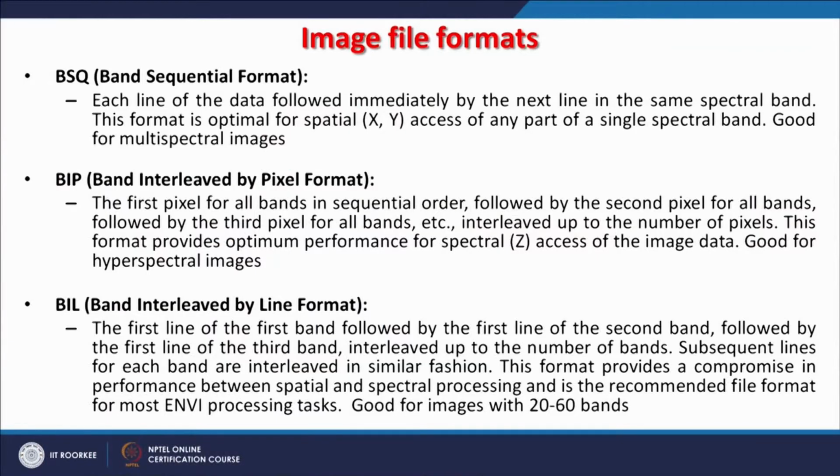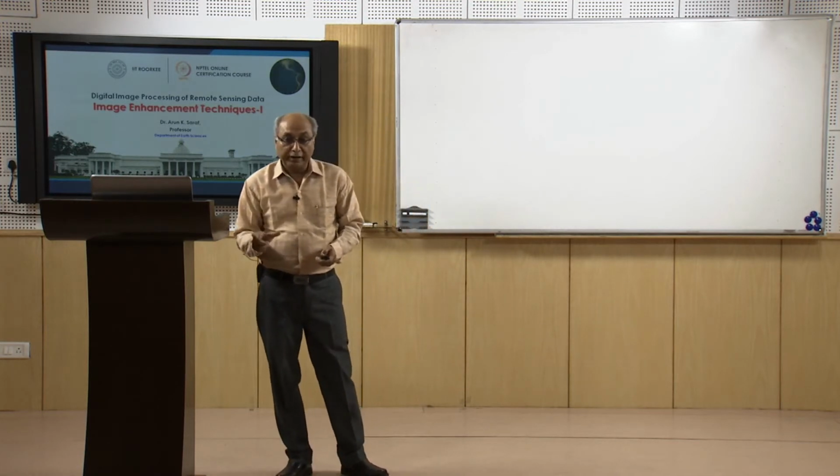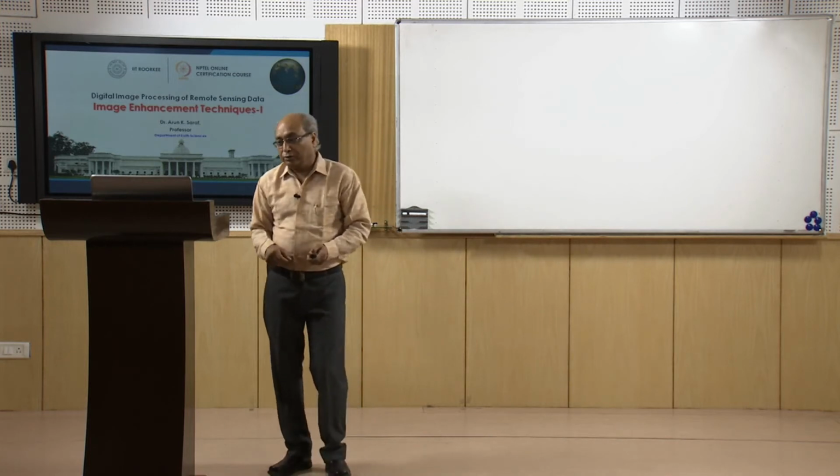And the third one is the BIL format, which is band interleaved by line format, where for each band a line is stored. So the first line of the first band is stored, then the first line of the second band, the first line of the third band and so on.